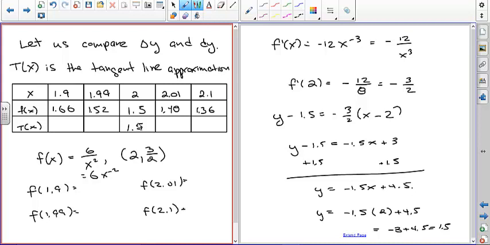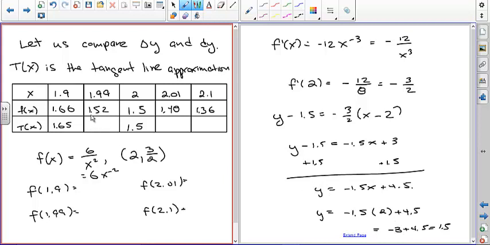So what is the tangent line approximation number here, 1.9? Anybody? 1.65. And anybody over here? So plug in 1.52 into this equation.